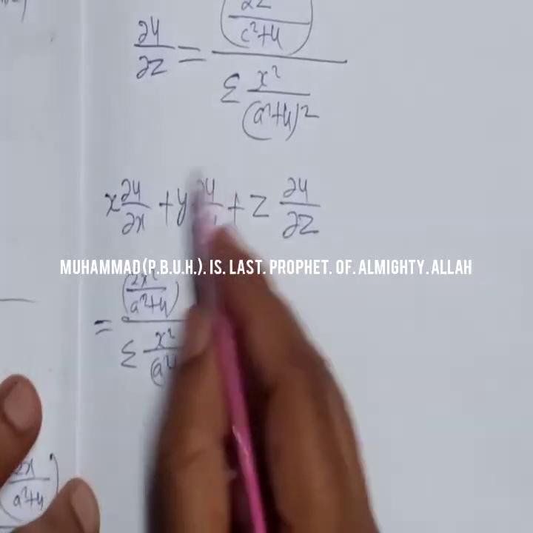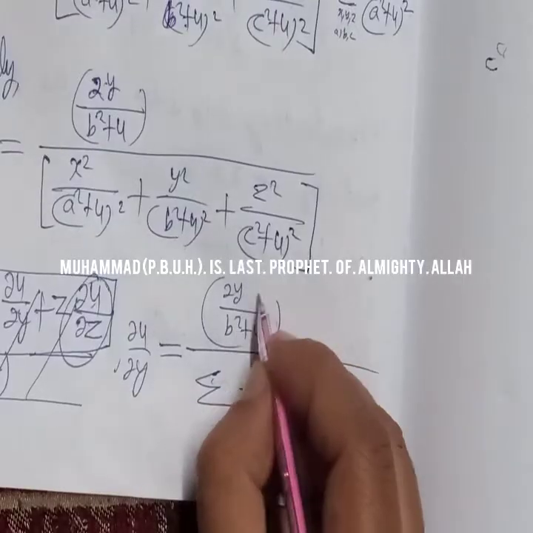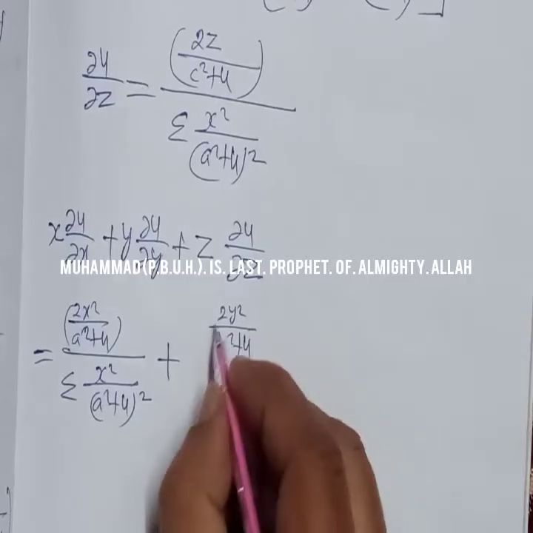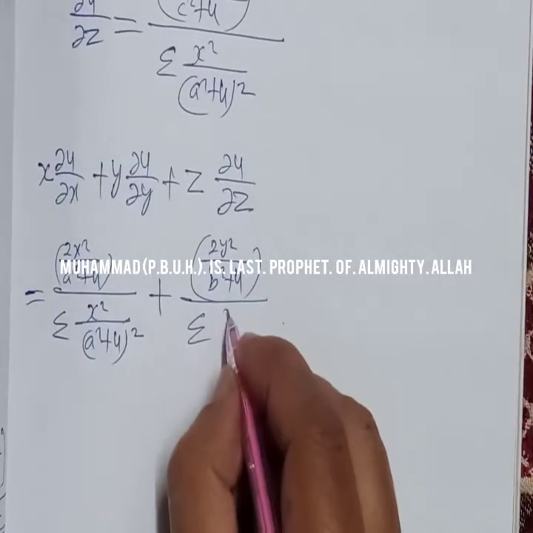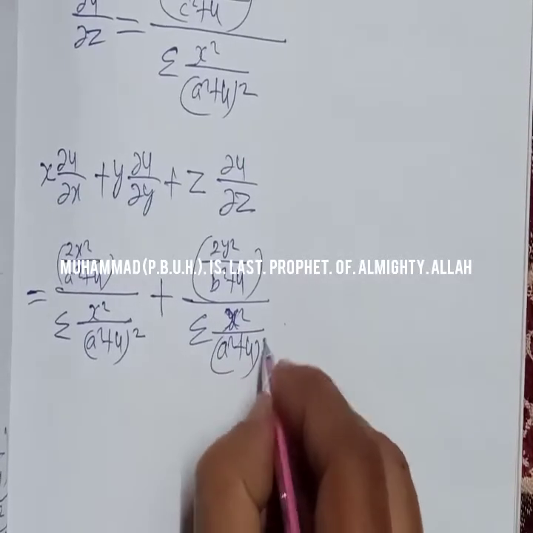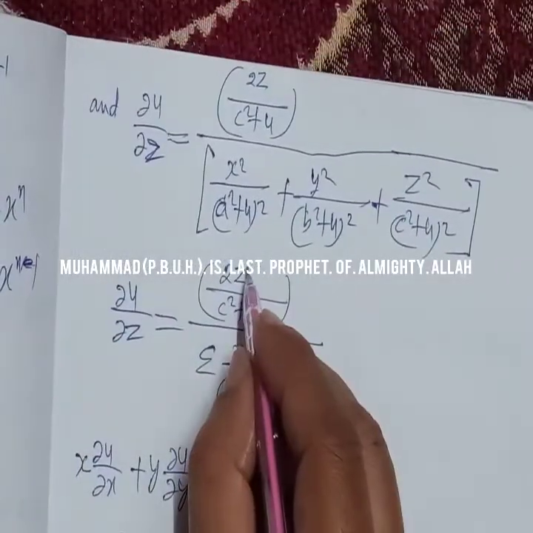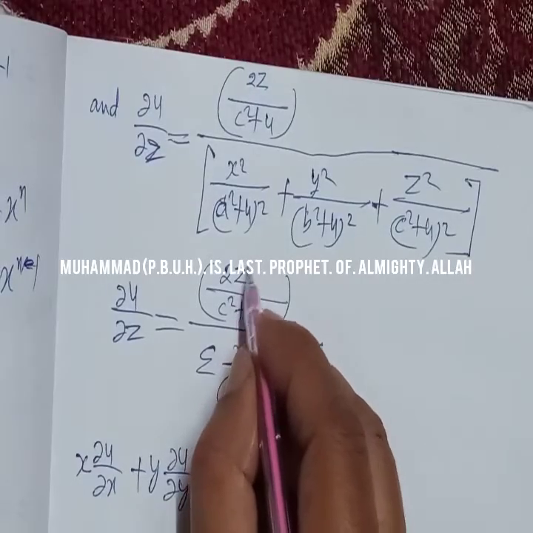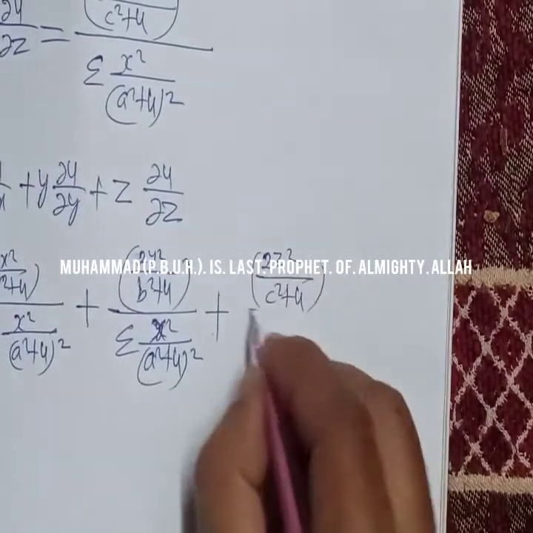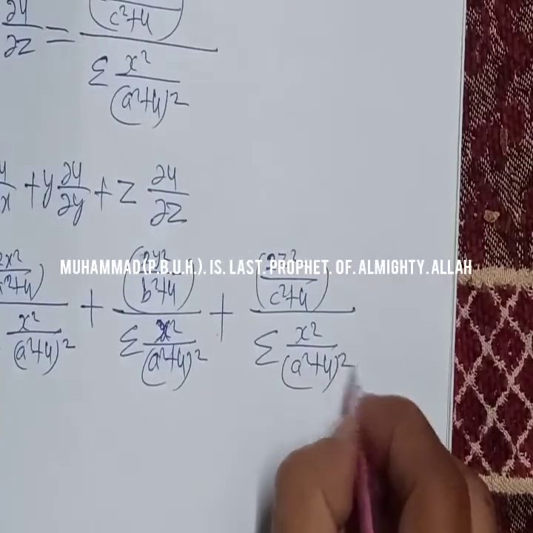Also for this term, on multiplying y here it becomes y square, so we write 2y square upon b square plus u, all the rest the same, over sigma x square upon a square plus u whole of square. Also for finding this value, z should be multiplied here and here, it will become z square. So I write here 2z square upon c square plus u upon sigma x square upon a square plus u whole of square.